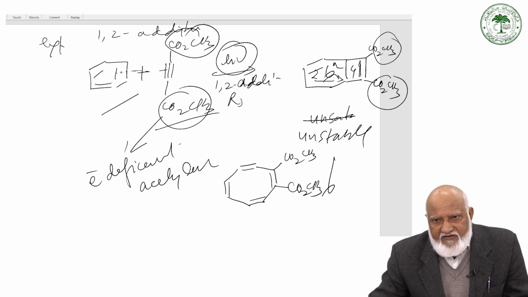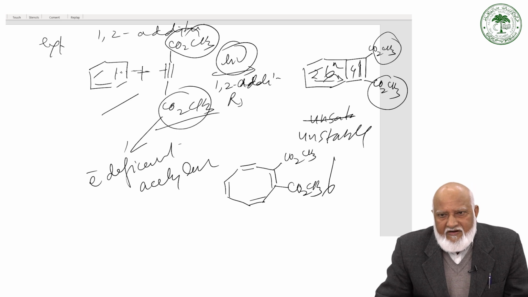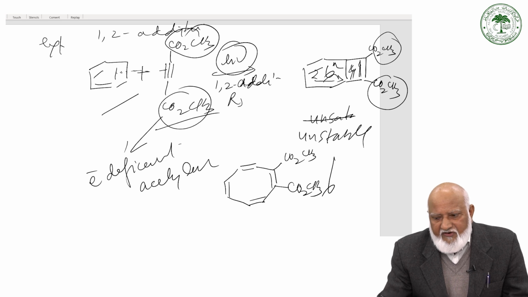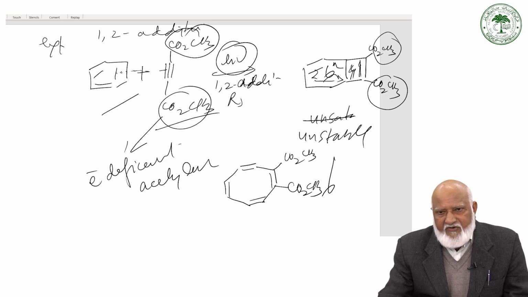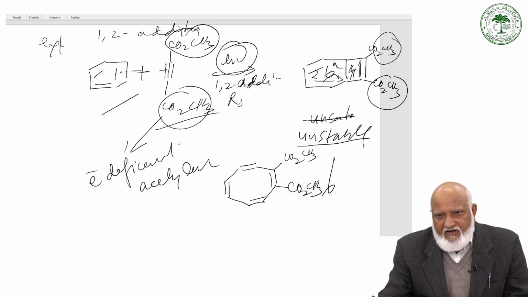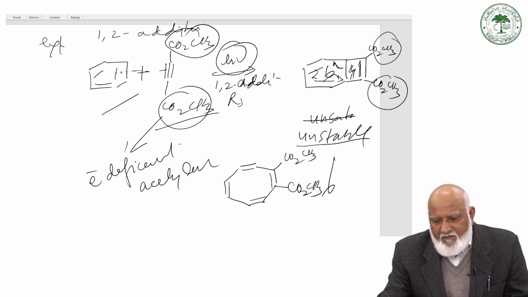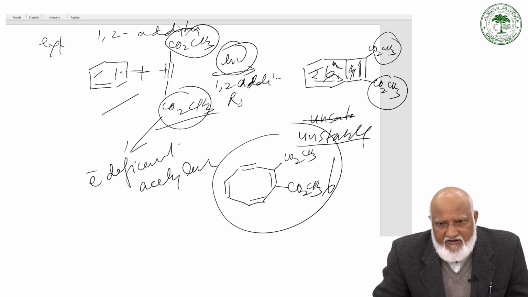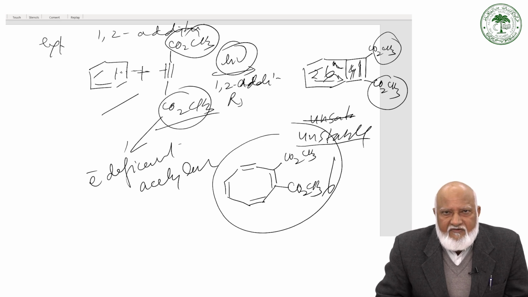Since dimethyl acetylene dicarboxylate is a bulky group, and it is connected to a bicyclic 4-membered ring and then to a 6-membered ring, it is a highly strained system, and therefore unstable, and it opens up to give a cyclooctatetraene derivative.